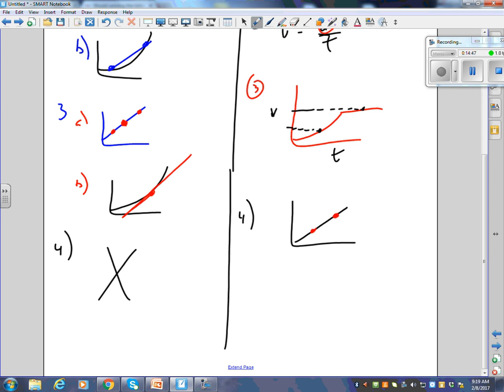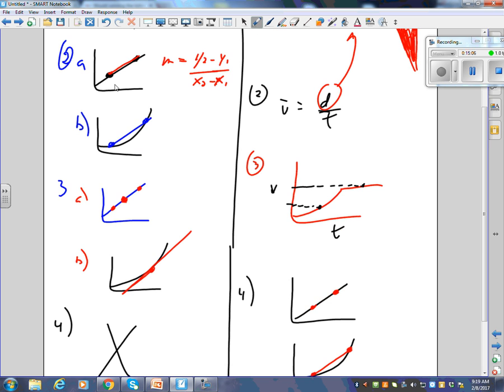Again, y2 minus y1 all over x2 minus x1. If it's a curved line graph, average means, Bailey says, over an interval. So that means 2 points. See how this is exactly the same as this? See, there, they're the same.